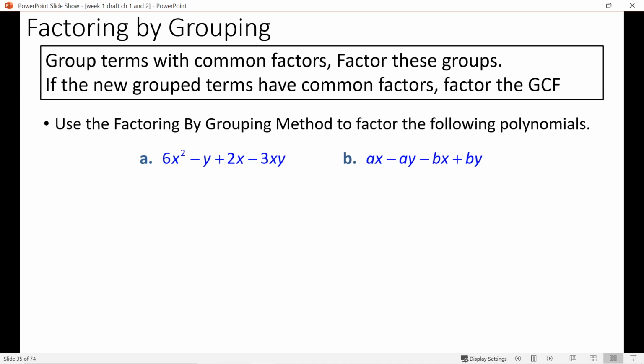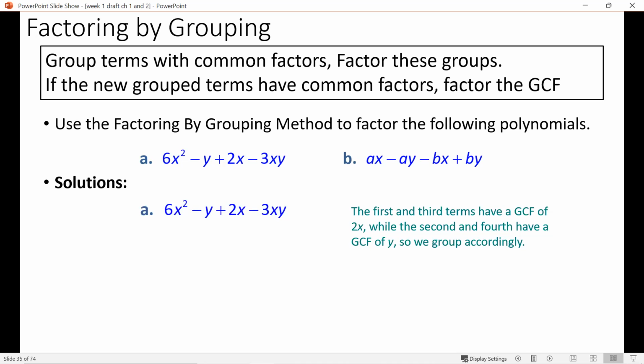But if we pair these terms up, the first and the third term and the second and the fourth term do share factors. So we can put them into groups and factor there and then see if maybe we get lucky and those new groups share common factors. So for our first problem, we notice the first and the third term and the second and the fourth.